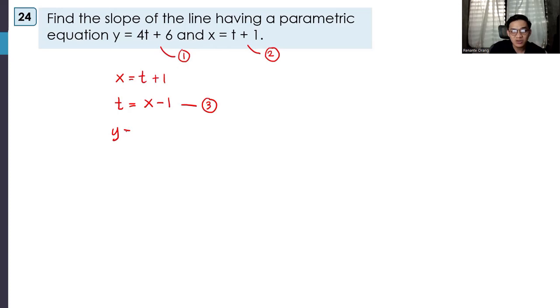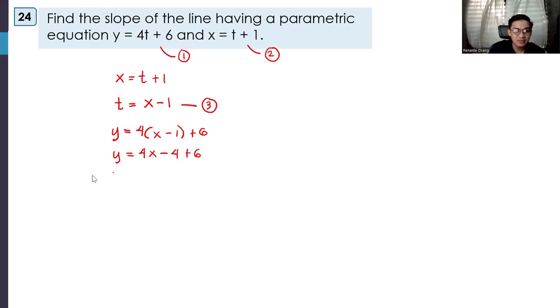Magiging y is equivalent to 4. Then, sabi dito t, papalitan natin ng x minus 1. Then, plus 6. Simplify natin, magiging y is equivalent to distribute. Magiging 4x. Then, 4 times negative 1 is negative 4 plus 6.